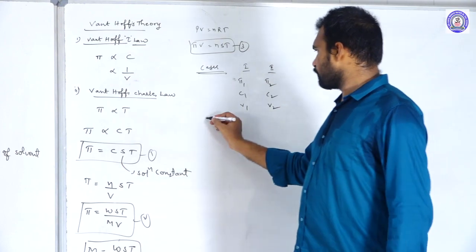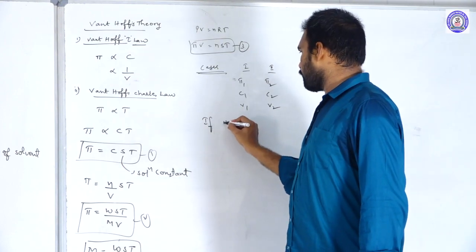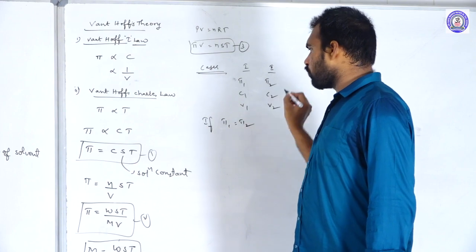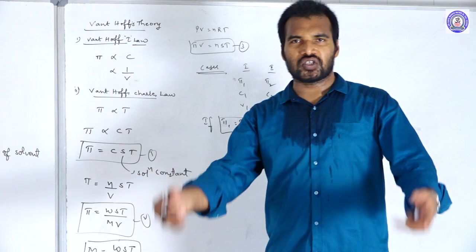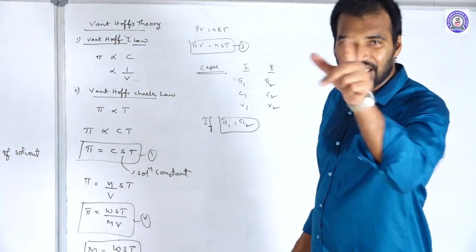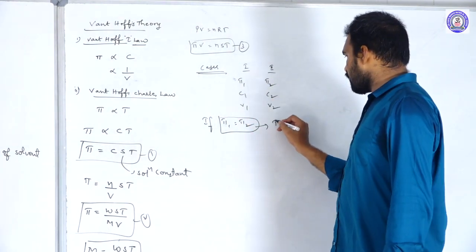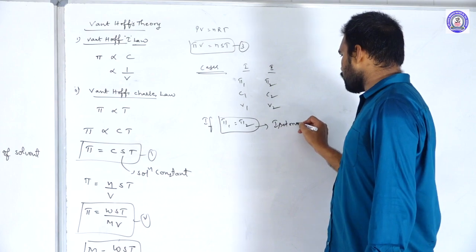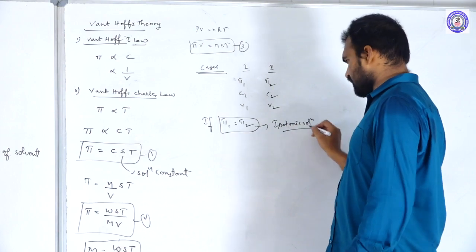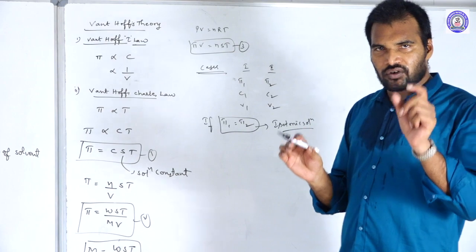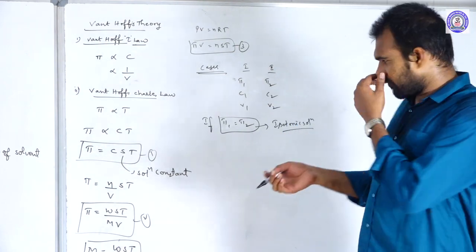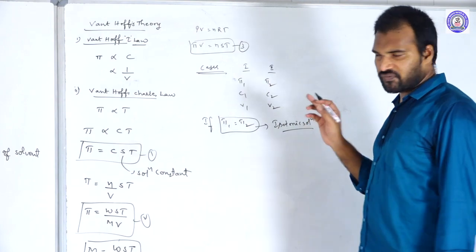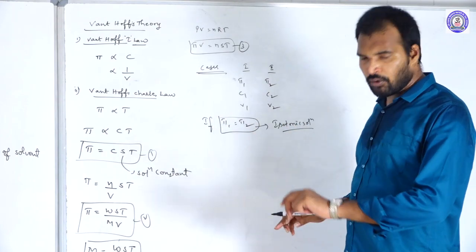Then if π1 is equal to π2, suppose the two solutions have the same osmotic pressures, what do we call that pair of solutions? Isotonic solutions. We will discuss this after we finish these relations. For isotonic solutions, π1 is equal to π2.